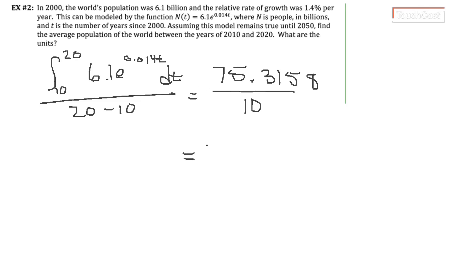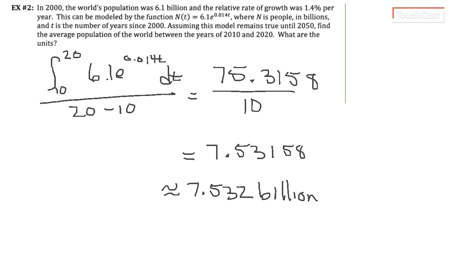We're going to get 7.53158. Or what we're saying is we have an average of about 7.532 billion people for the years 2010 to 2020.